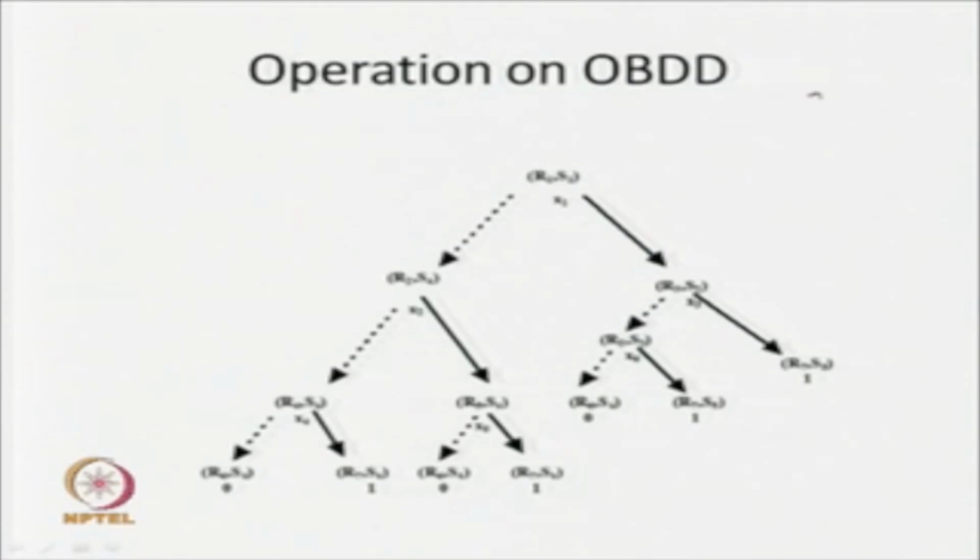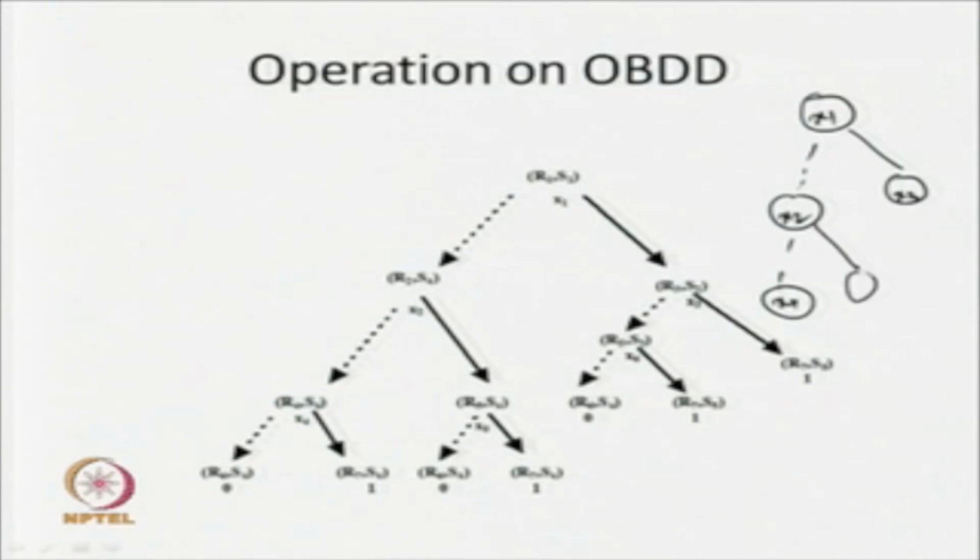I am getting, say, this is your x1, this is the dashed line, this is the solid line. In the dashed line I am getting x2, in the solid line I am getting x3. Okay. Now, in this dashed line I am getting your x4, and in this solid line I am getting this particular x5.